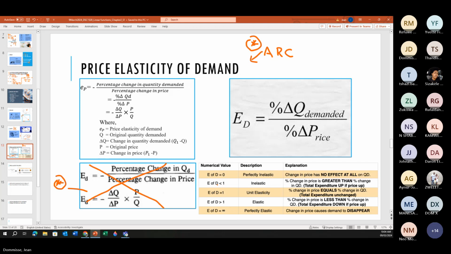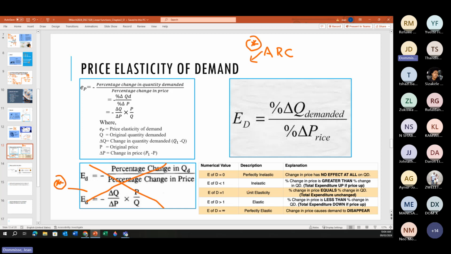Then what you will see sometimes is in the question, they might give you the number of the elasticity that was worked out, and linked to that, they will then say it is inelastic or it is elastic or things like that.